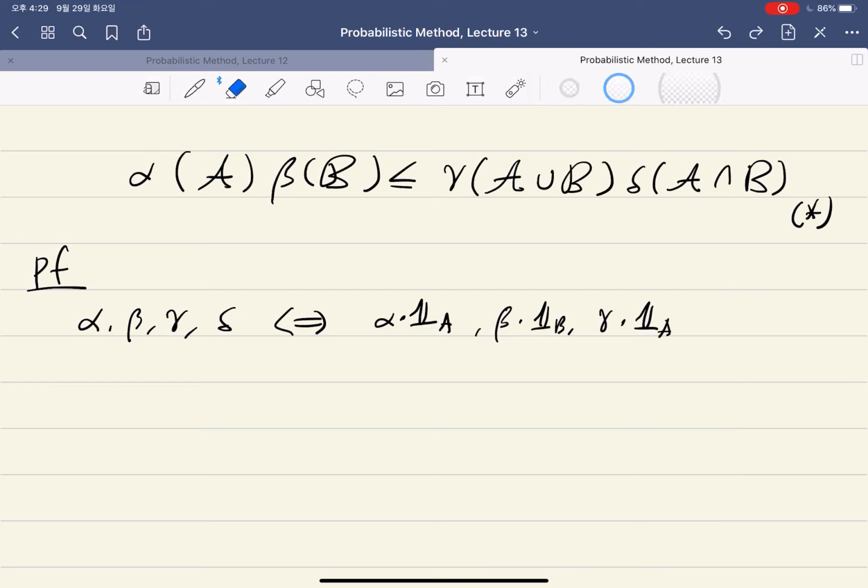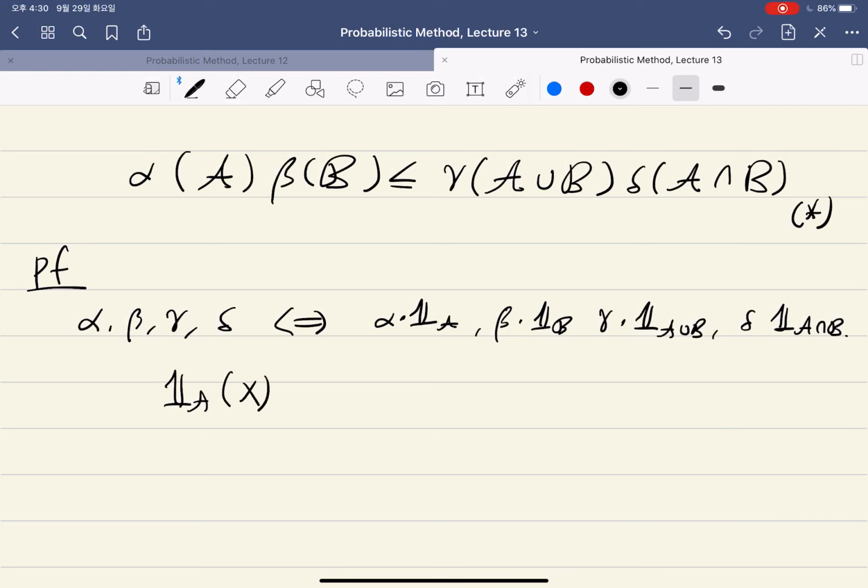Let me write it in a better way. So here, for any x which is a subset of bracket n, this is 1 if this x lies in this collection, 0 otherwise.